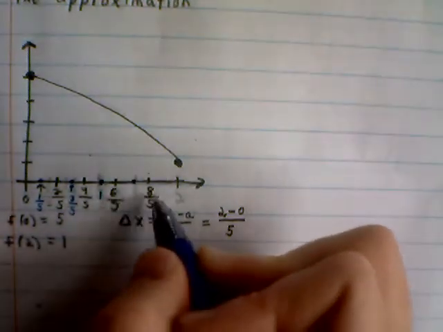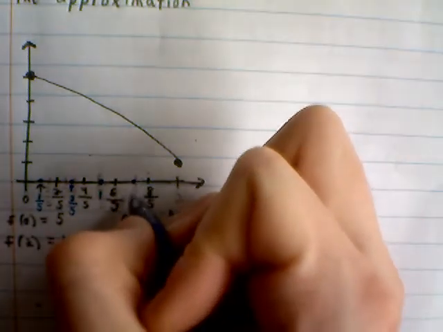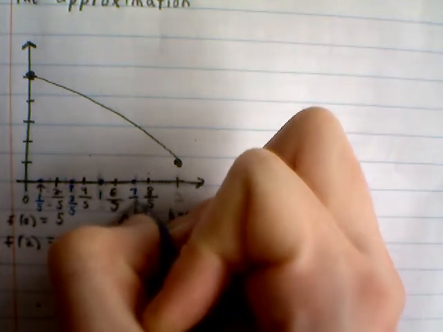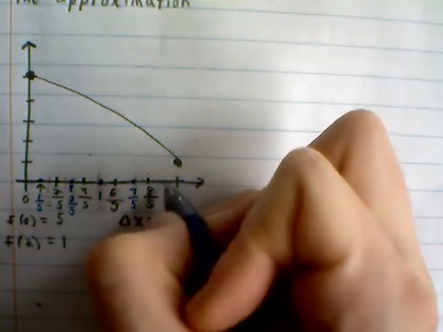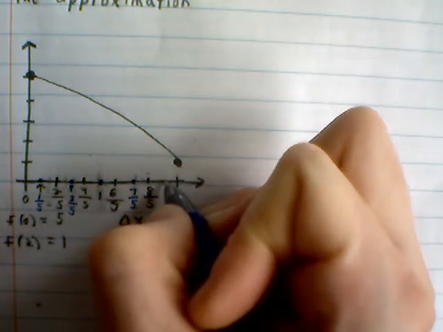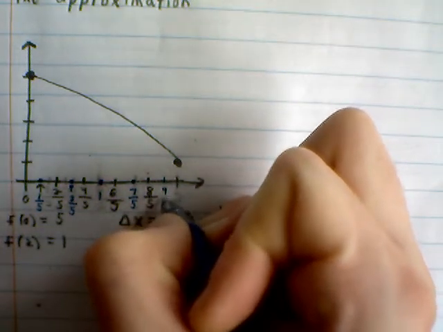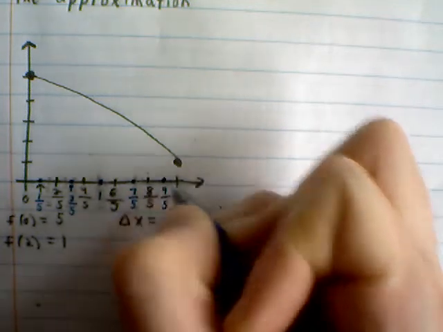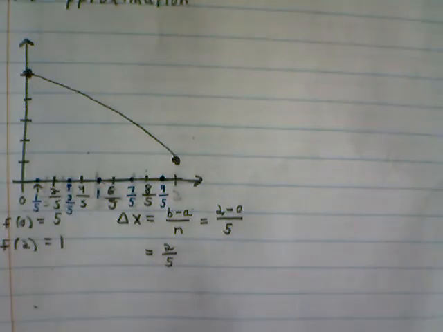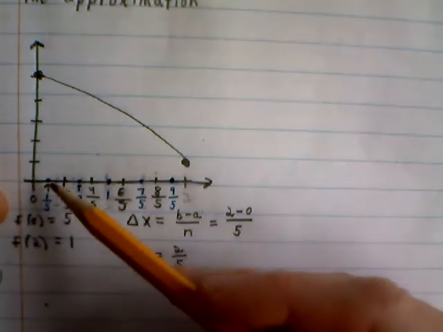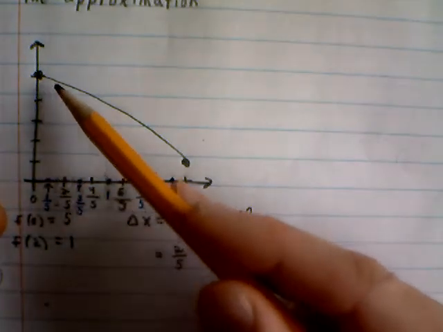The midpoint between 6 fifths and 8 fifths would be 7 fifths. And the midpoint between 8 fifths and 2 would be 9 fifths. Now, when we draw our rectangles, what I am going to do is take each midpoint up to the curve.